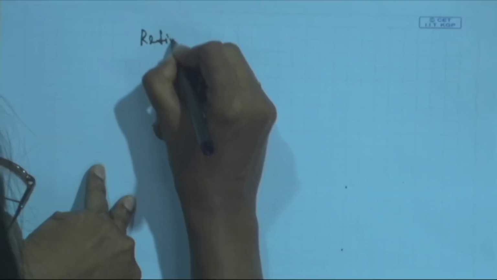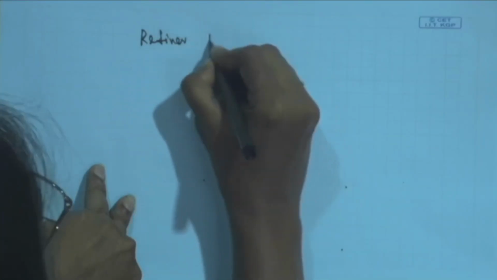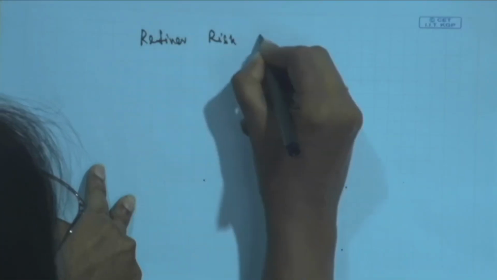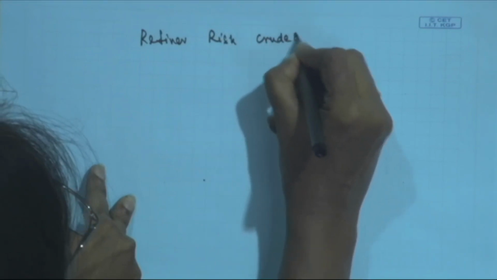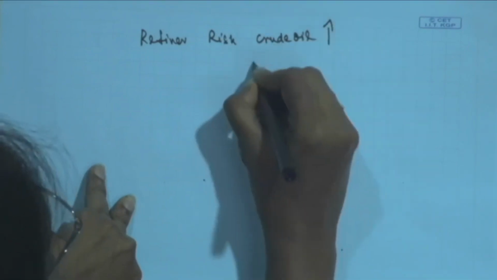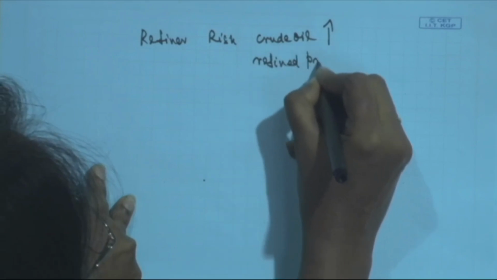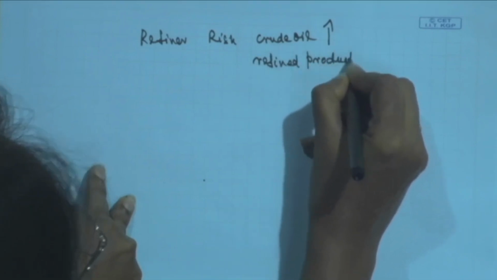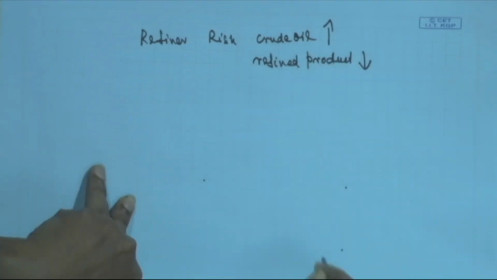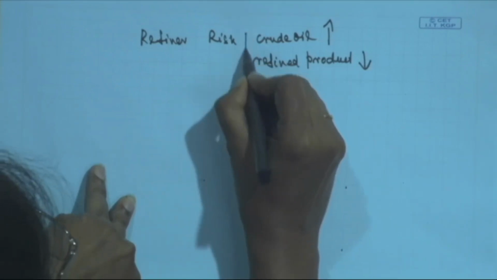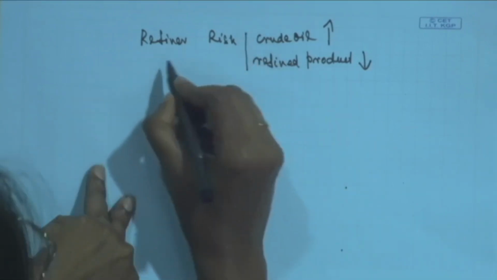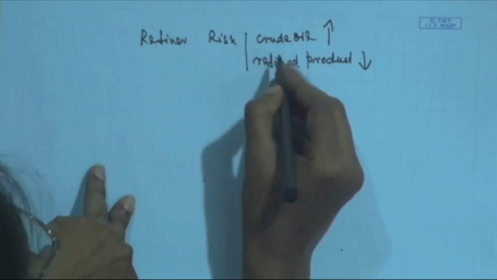So let me repeat, or let me write down. A refiner's risk is crude oil price goes up and refined product price goes down. If this happens, the refiner is going to incur a loss. So how can it mitigate that risk?